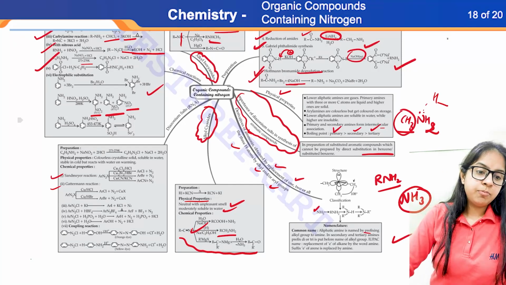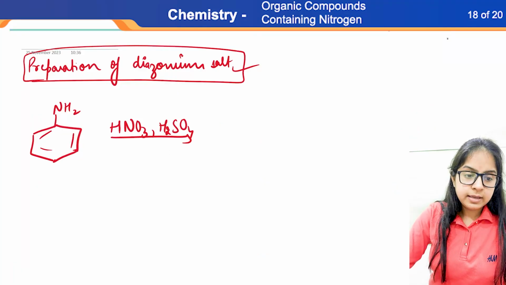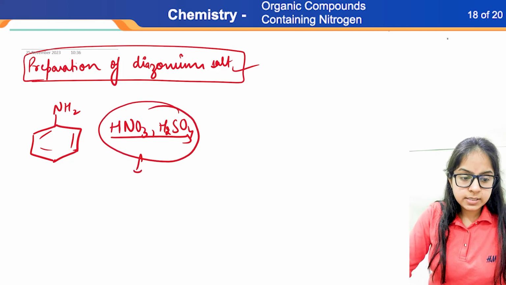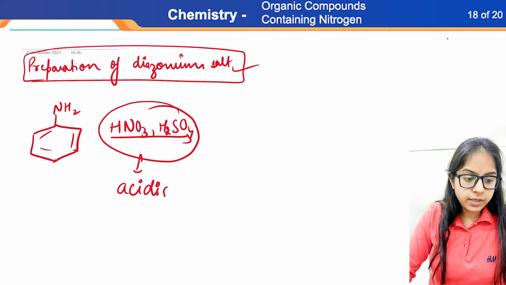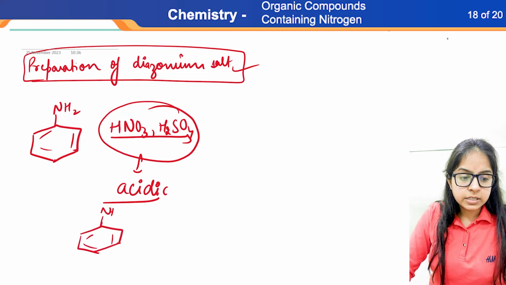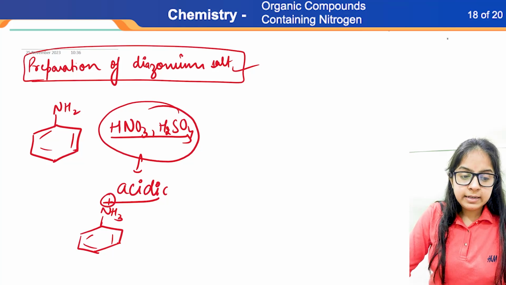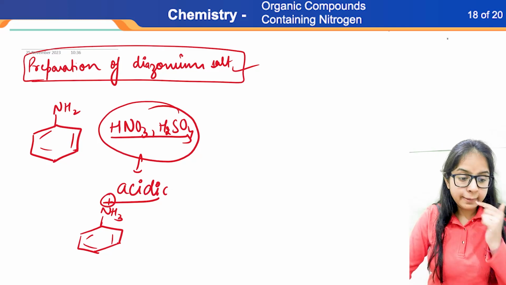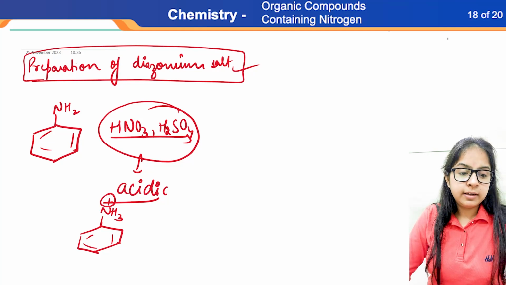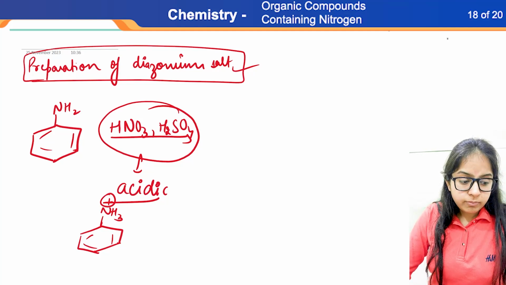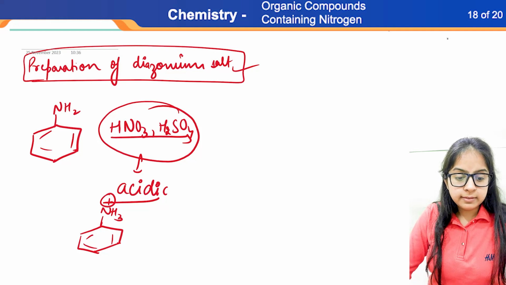Why is this important? Okay, this is an acidic condition, due to which the formation of anilinium ion takes place. Because of the anilinium ion, there is no negative charge on ortho and para position, and meta is somewhat more electron dense than the ortho and the para.